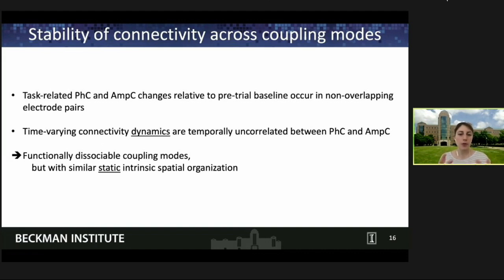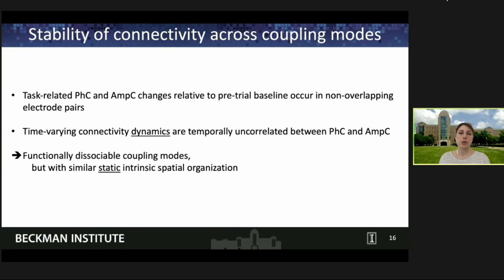So, for example, if you would take the task data or you would take the resting state data, and you would see how over time in a sliding window procedure, these fast oscillations are changing their coupling in phase coupling and in terms of amplitude coupling. Those changes in functional connectivity over time are not at all correlated between the two connectivity measures.